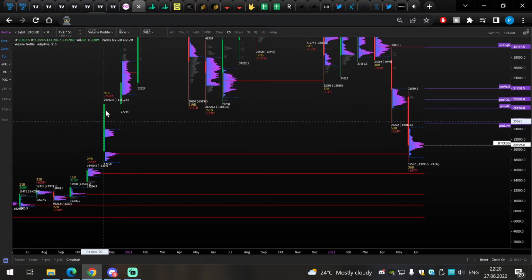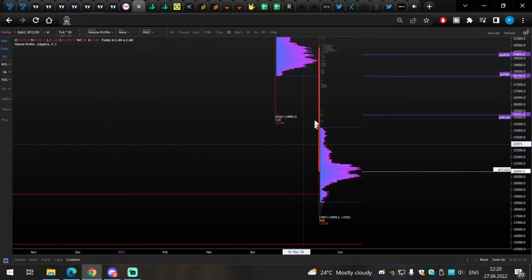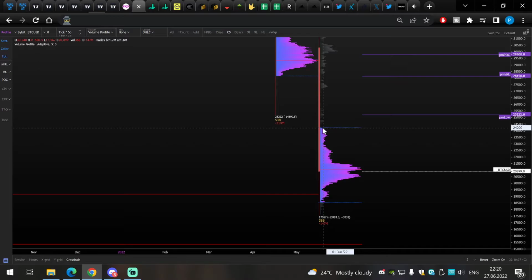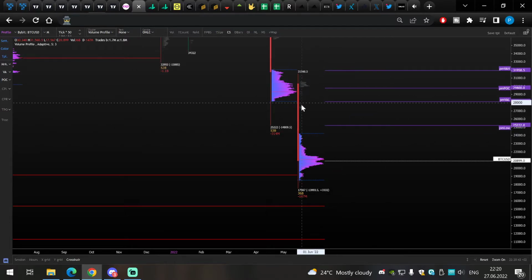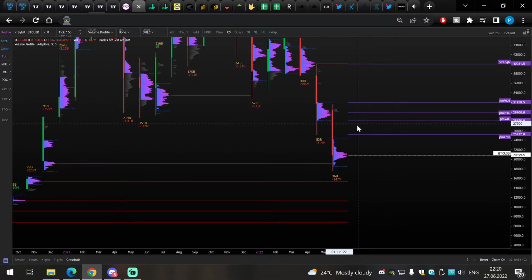This is from 2020, a big inefficiency, but this inefficiency is also local, from 24,200 going up to 28,000. So 24 to 28, we can expect in future some nice range to build nice volume, and then we can see a decision. So if you are in a swing, you can be really patient for this. It can happen.